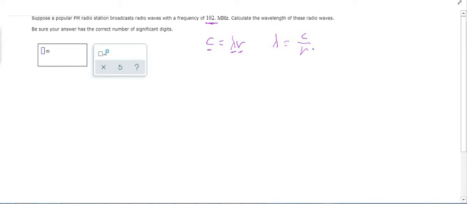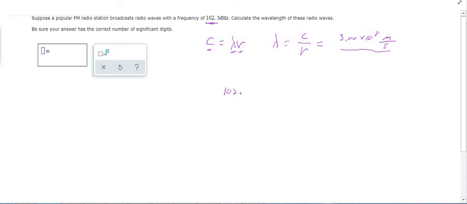Well, if we look up the speed of light, generally we can use 3.00 times 10 to the 8th meters per second. Okay, and the frequency here is given in megahertz. Well, we want to get that in hertz, into cycles per second, so just do that right here.